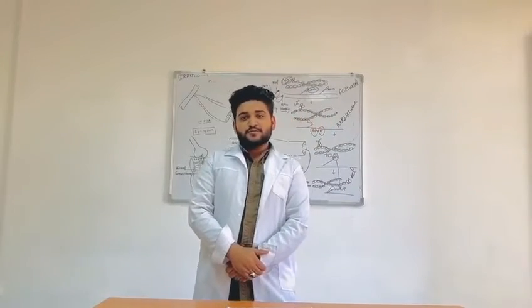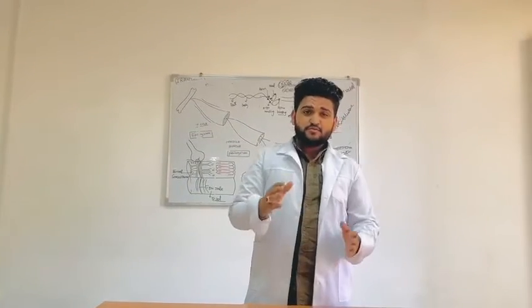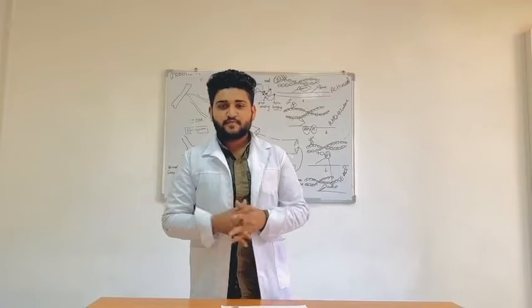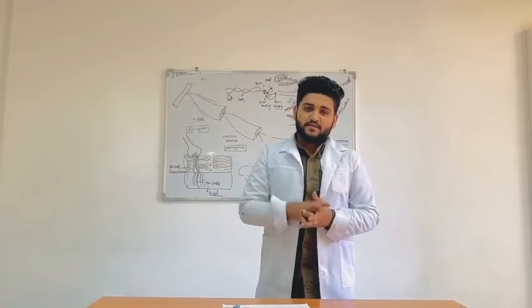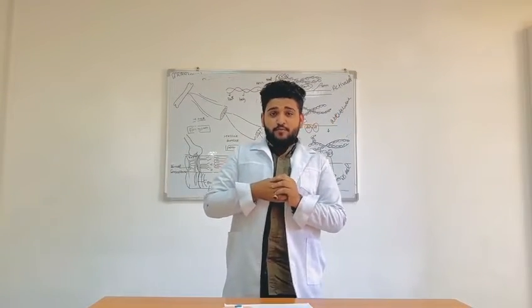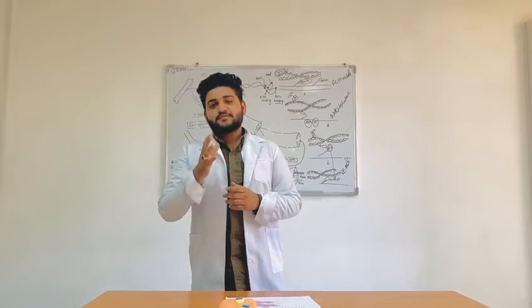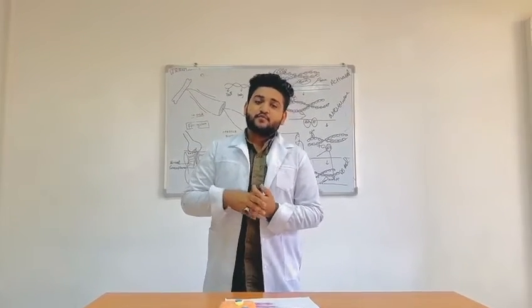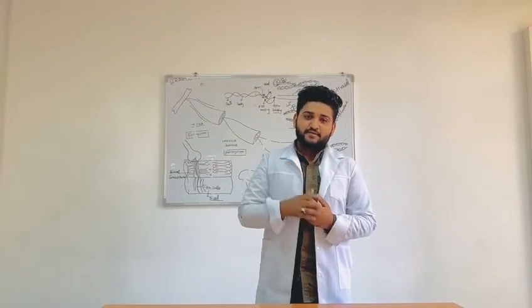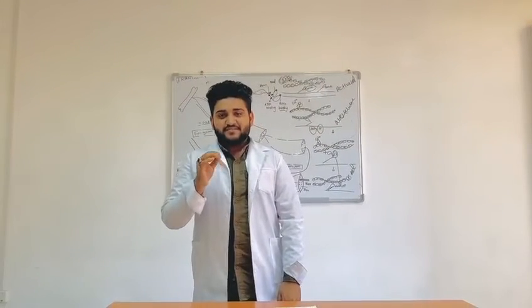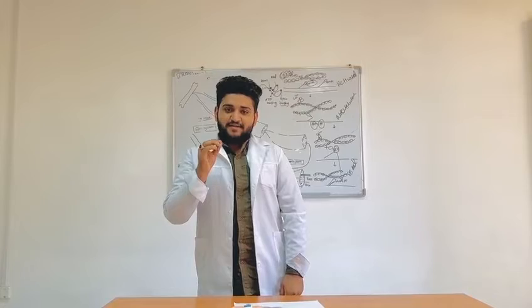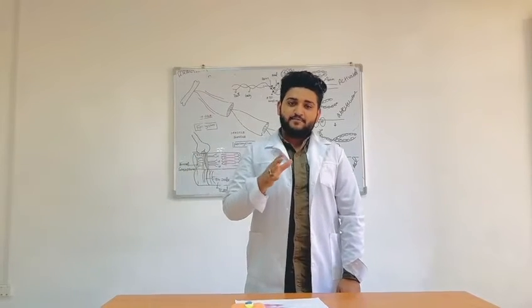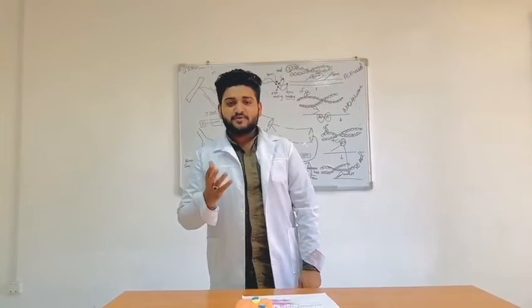Now I am going to explain the regulation of smooth muscle contraction. First, action potential from the autonomic nervous system. Then stretching. Stretching means food in the digestive tract stretches the intestinal system. Then hormones.